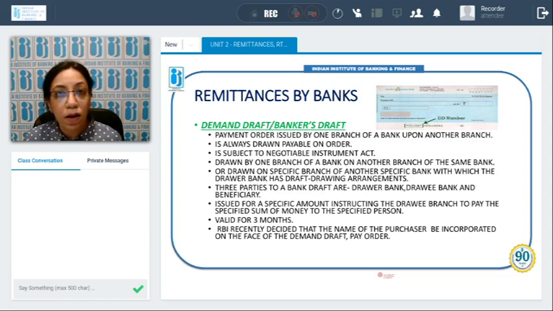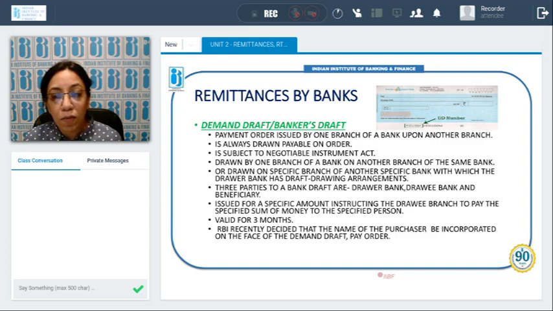The demand draft is valid for 3 months. RBI recently decided that the name of the purchaser, that is, the person who has paid for the demand draft, be incorporated on the face of the demand draft or banker's draft or pay order.